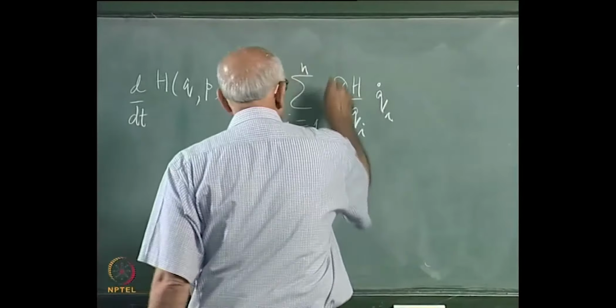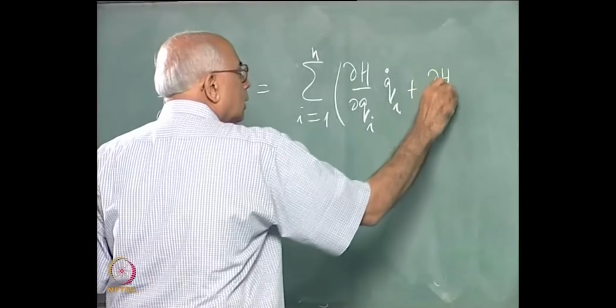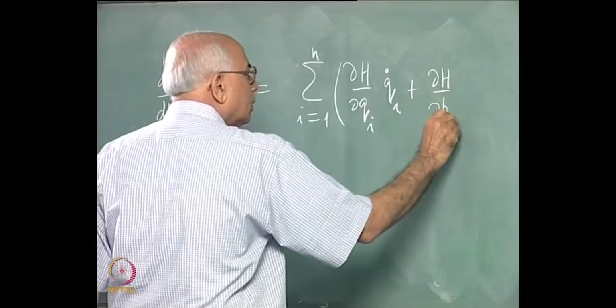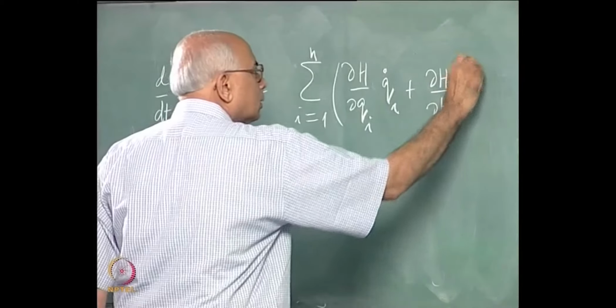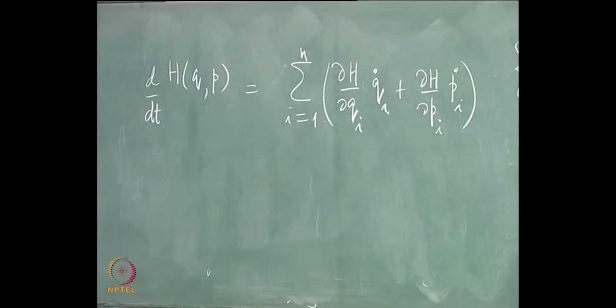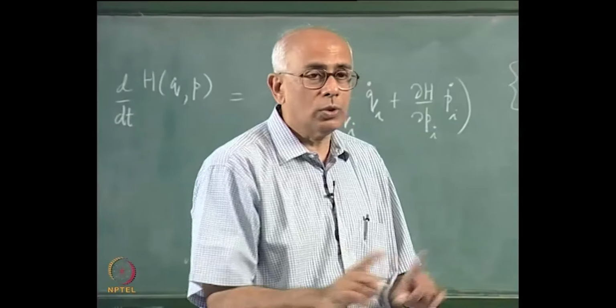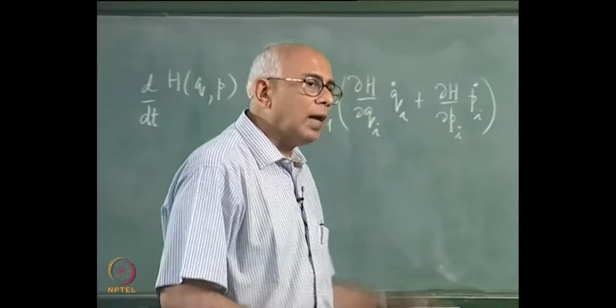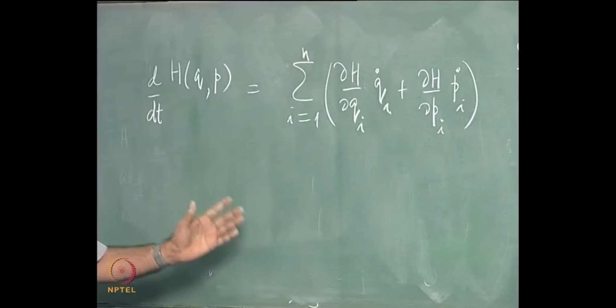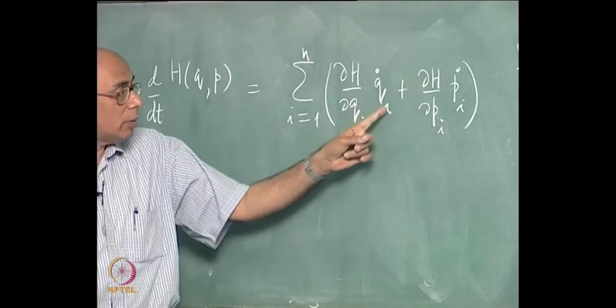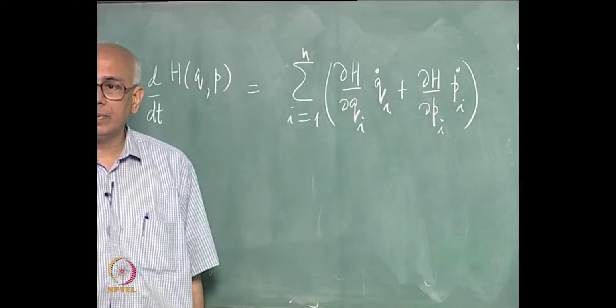plus delta h over delta pi multiplied by pi dot. Since it is a function of the independent variables q1 to qn and p1 to pn, its time derivative, total derivative, is just this set of partial derivatives multiplied by these total derivatives.